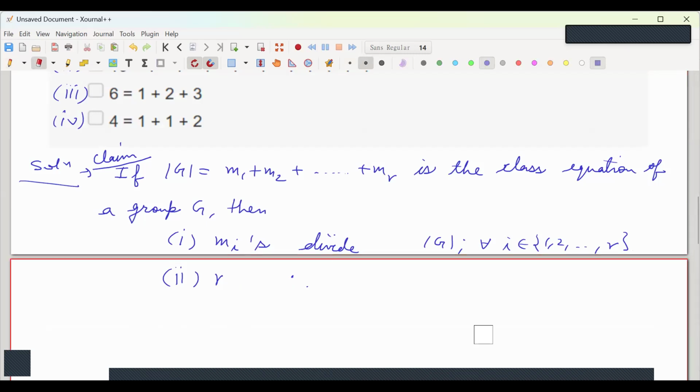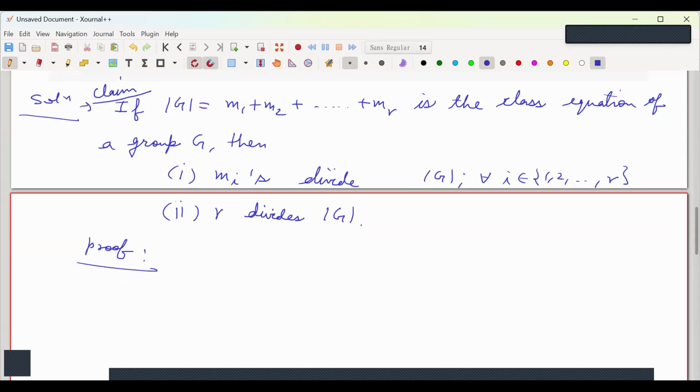So can anyone tell me why? Mm. So the orbit step, due to the orbit stabilizer theorem. Right, right. So what is the explanation? The order of the conjugacy class. And there is one more property. Let me just write that also.